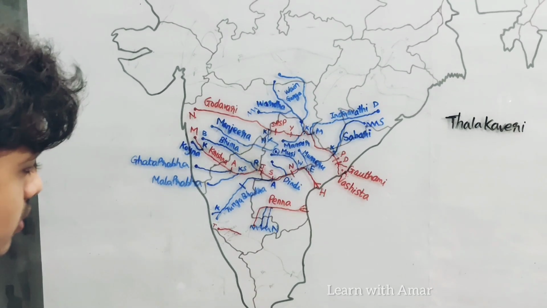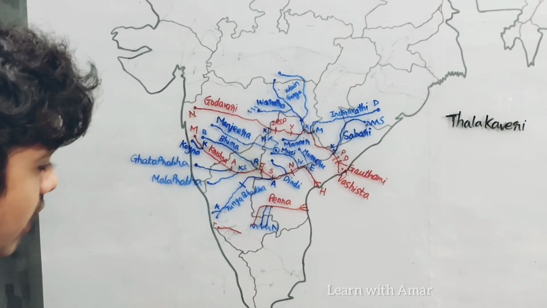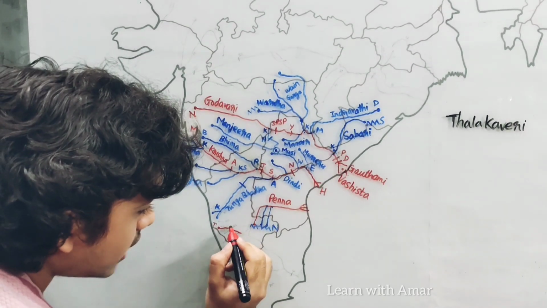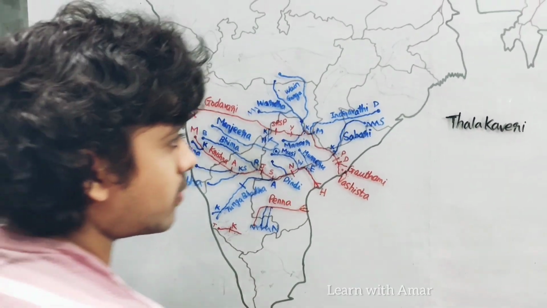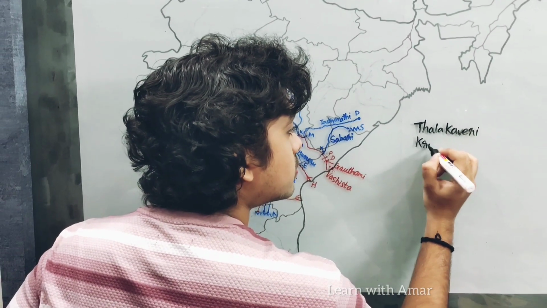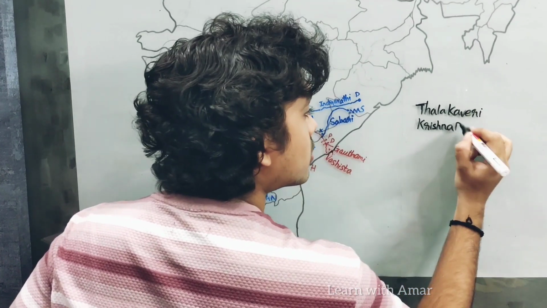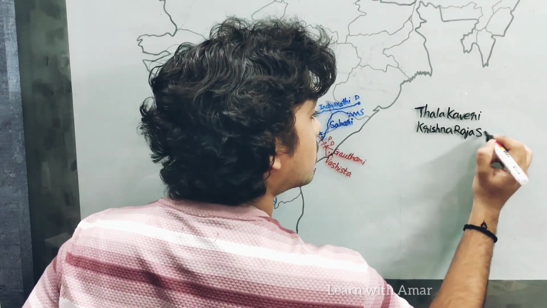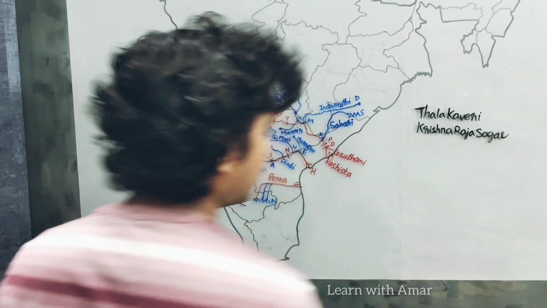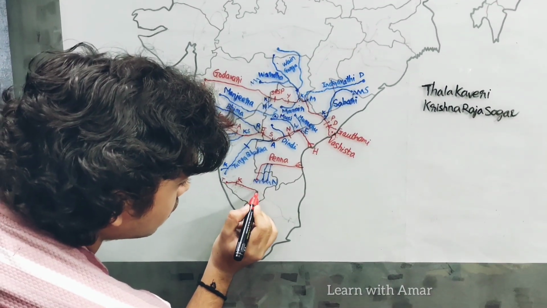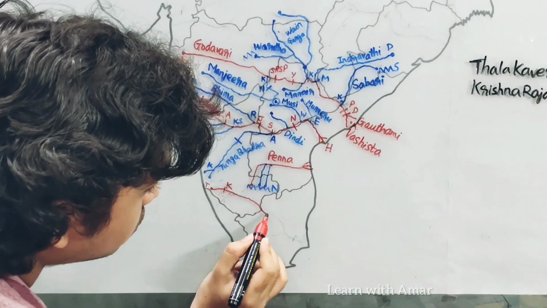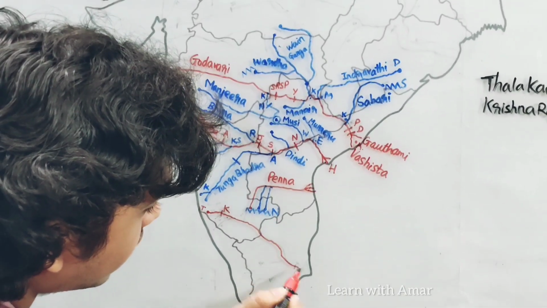We have a dam on Kaveri river here. This dam right here is Krishna Sagar Dam, the Krishna Sagar project. Then as we move on, it enters Tamil Nadu and we find another dam here.